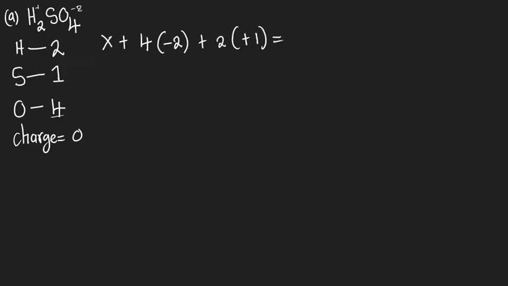Then this is going to equal what? 0. Then you do your calculations. So this is going to be negative 6 equal to 0, and your x becomes plus 6.